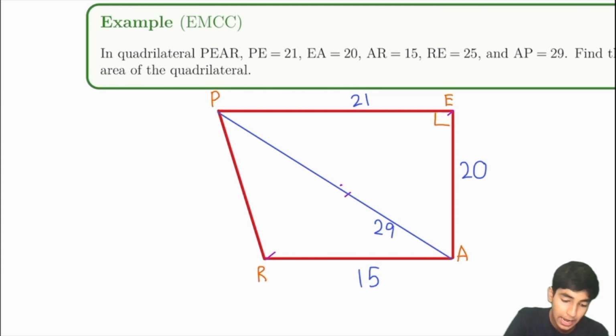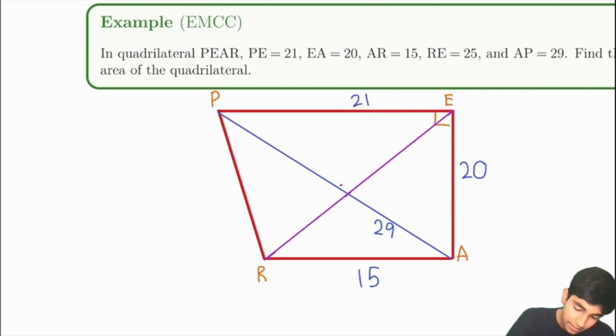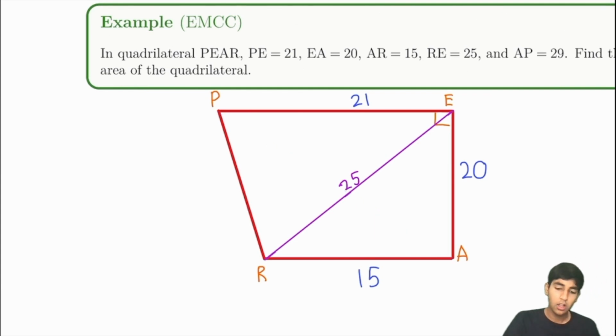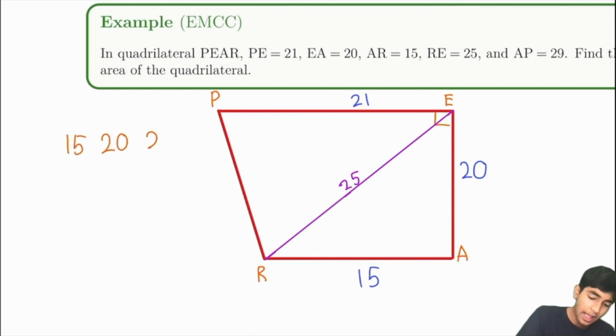And now let's add back this over here. Remember, this was 25. We'll erase 29 now so we can focus. Look here, 15, 20, 25. Now, this is not one of the Pythagorean triples we learned. But with some practice, you'll always check if these sides form a Pythagorean triple. Notice how they all share a factor of 5.